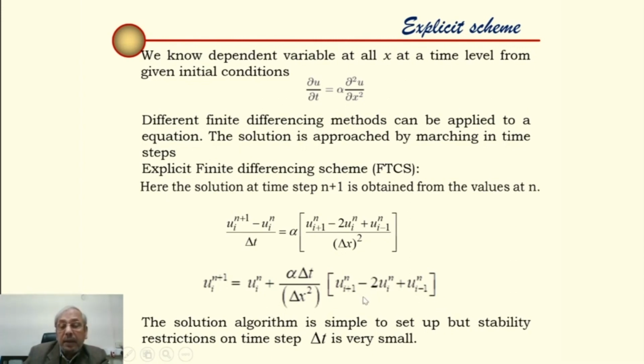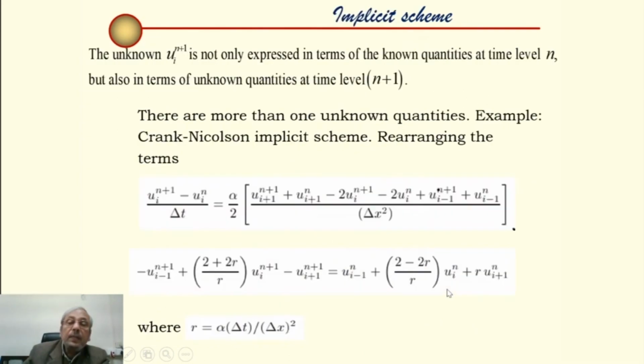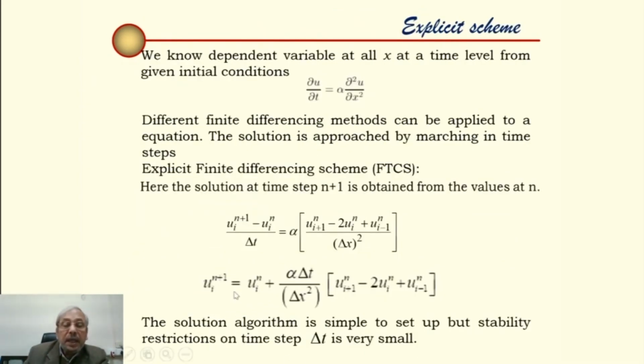If at the nth level the value of the dependent variable, that is temperature u, is known everywhere, then at the next time level, at each location, it can be completely evaluated, making use of the values at the previous time level, the nth level. So basically, nothing is unknown here.